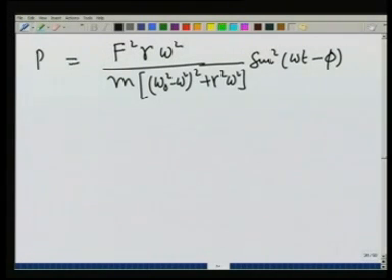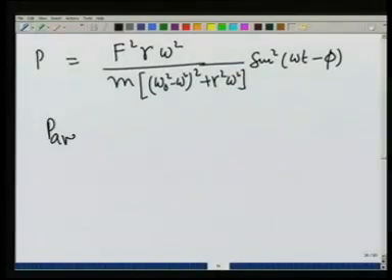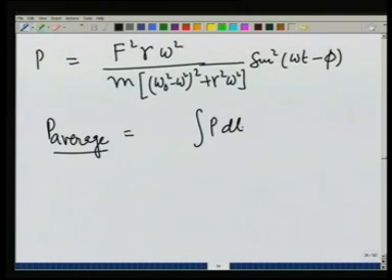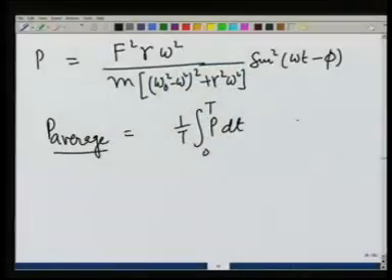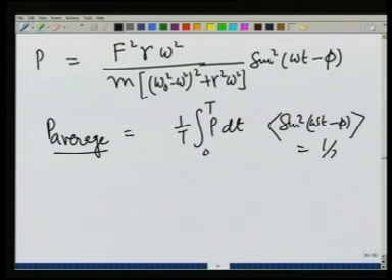If I were to calculate how much power is lost, the average power over one cycle, that means I integrate the power from 0 to T and divide by T. So, on an average per second how much power is being lost? Sine square of (omega t minus phi) averaged over a cycle is always a half.